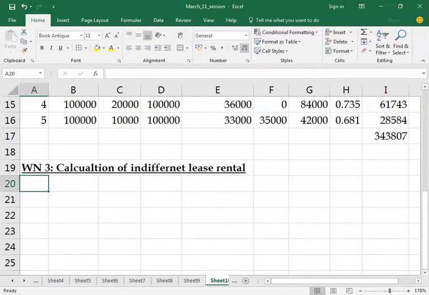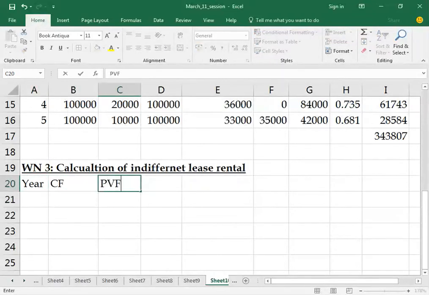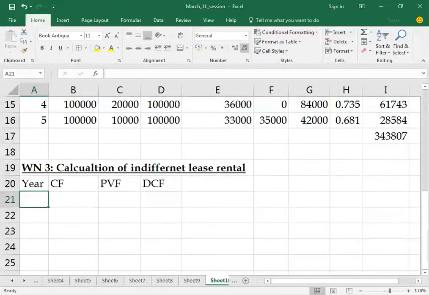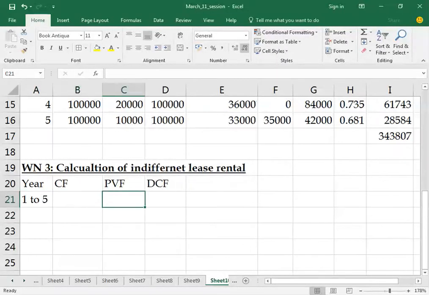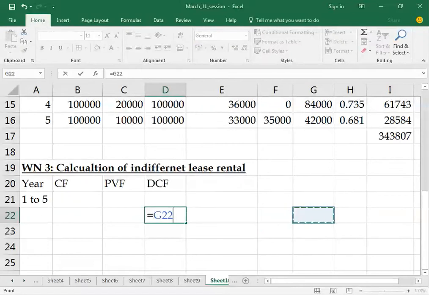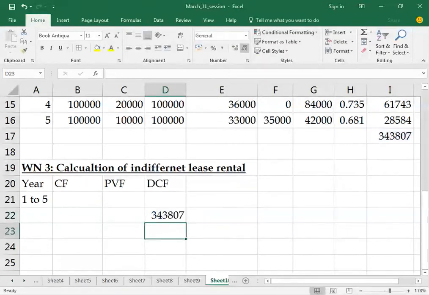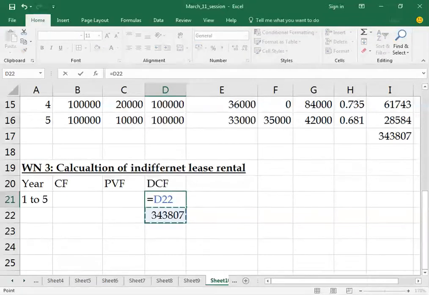Indifferent lease rental. Year, cash flow, PVF and DCF. It's an annuity structure, 1 to 5. The only thing which I know is the total should be 343,807. So this also has to be 343,807.